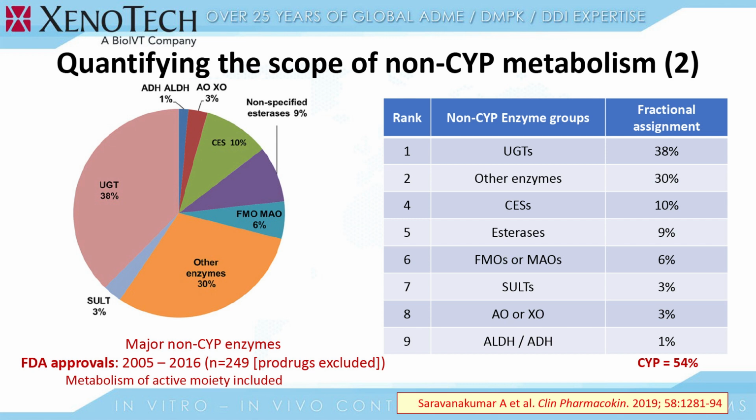And rounding out the list are the sulfotransferases, AO or XO, and aldehyde dehydrogenase or alcohol dehydrogenase, following out the list at about 1%. And similar to Cerny's finding, the percentage of drugs that were metabolized by CYP enzymes made up about 54% of the total.